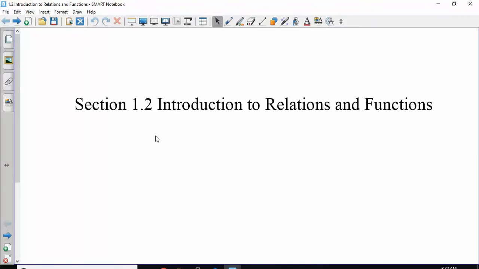Okay, so section 2, we're talking about relations and functions. What's going to change in this section is how we write inequalities.